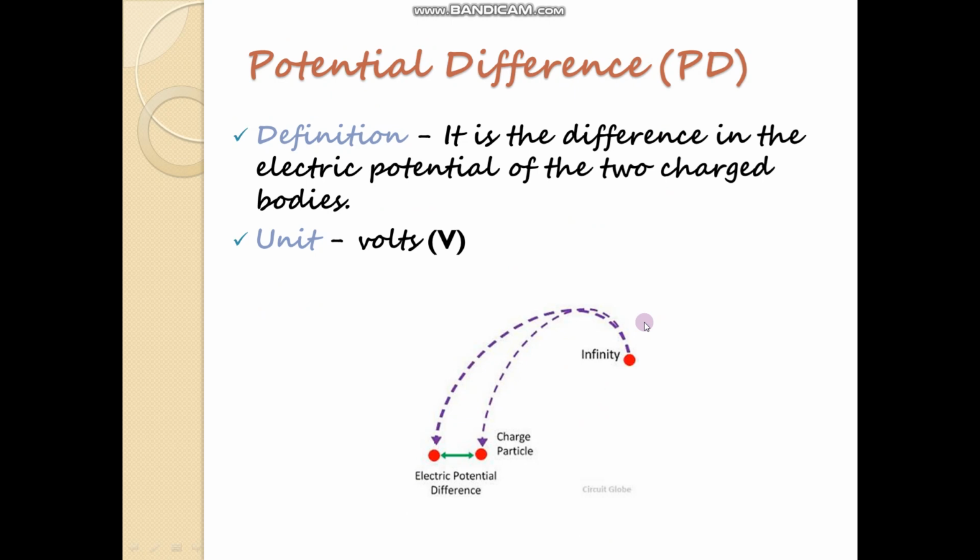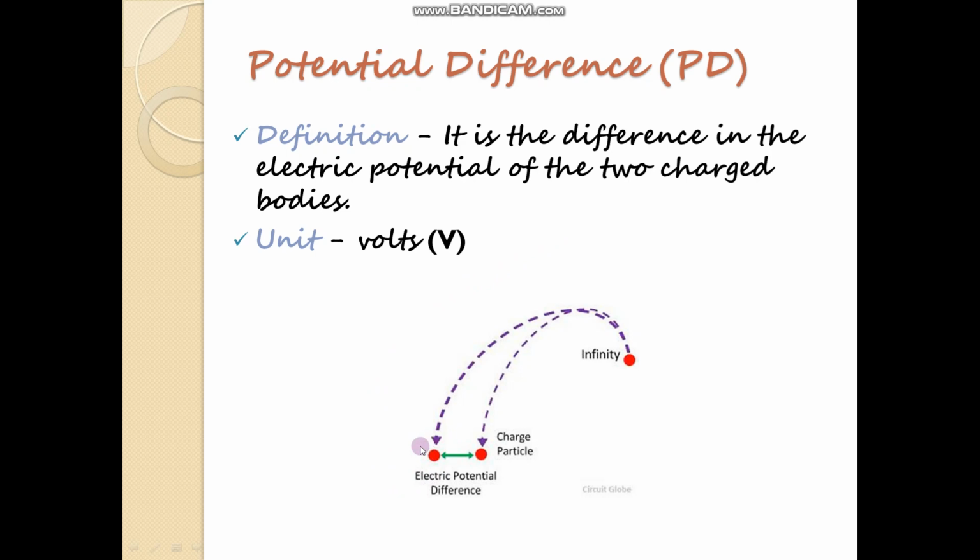The next term is potential difference. Previously we saw one charge moving from infinity to another point. Now if there are two charges, how do we find the potential difference? It is nothing but the difference between the two electric bodies.